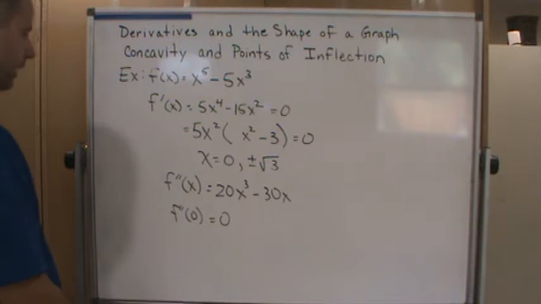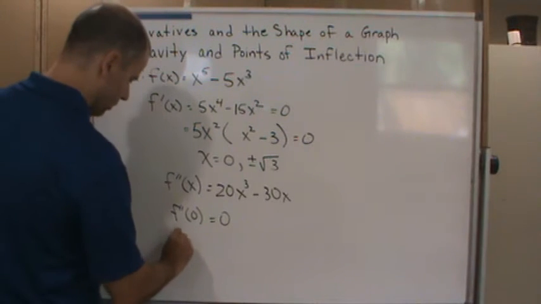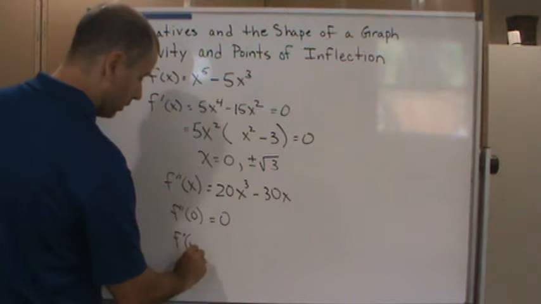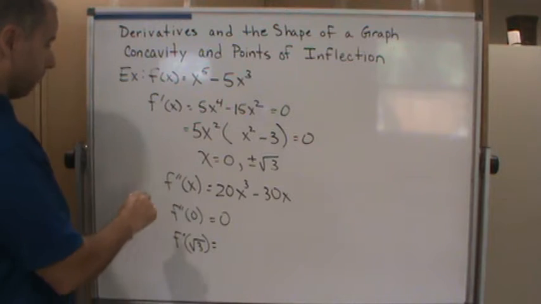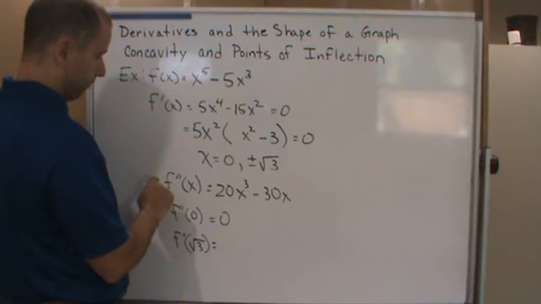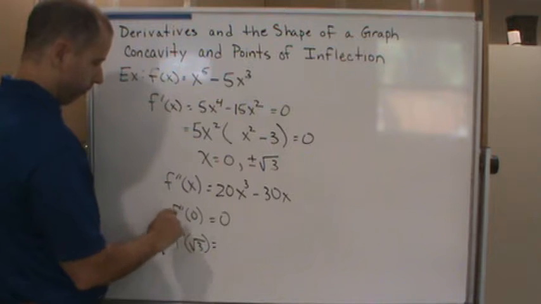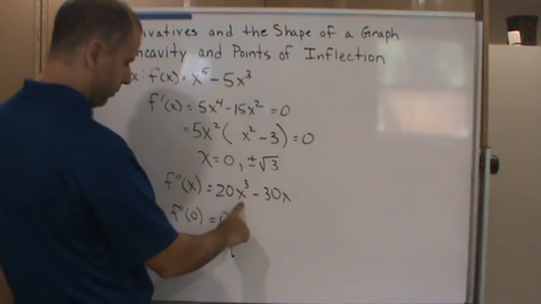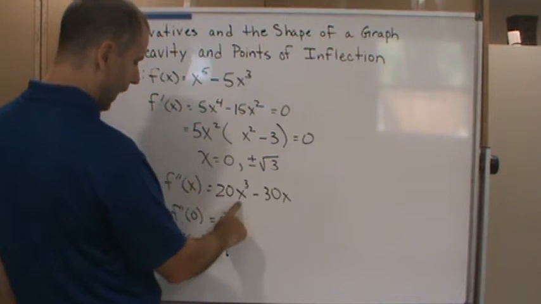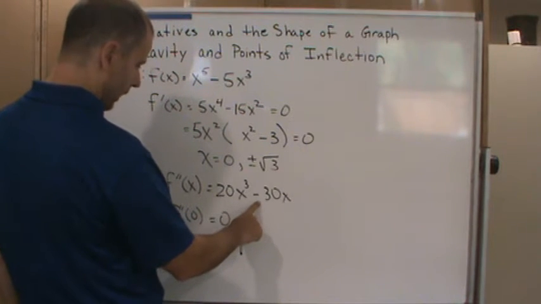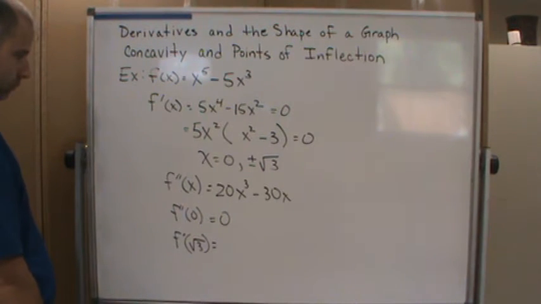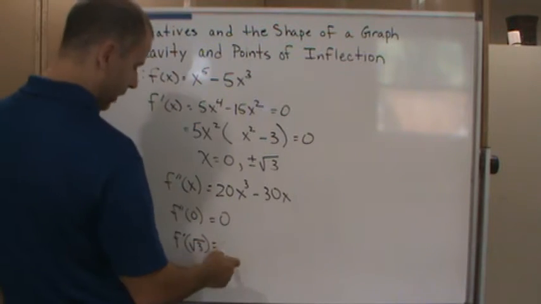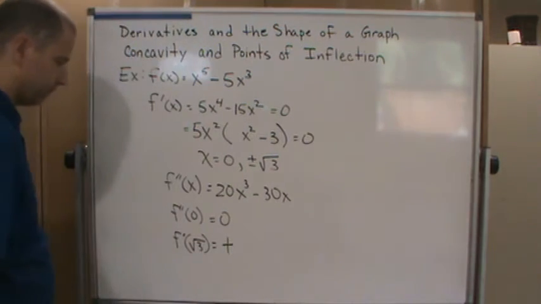Okay, so let's put in positive square root of 3. Positive square root of 3 is going to give us 60 times the square root of 3 minus 30 times the square root of 3, which is going to give us a positive number. So that's going to be positive.